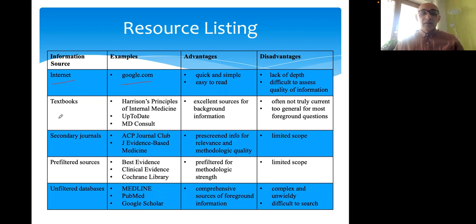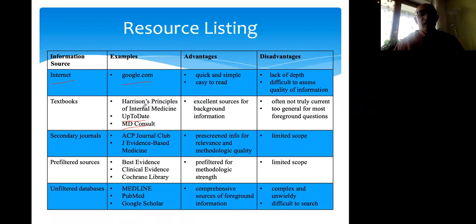However, still we have some textbooks like the Harrison's. Most of them, for example, MD Consult or UpToDate, are also included in the internet. And we have now electronic books, but still we use some textbooks.